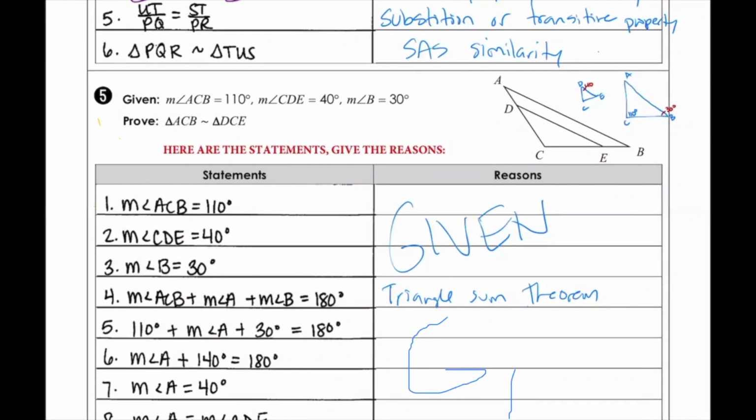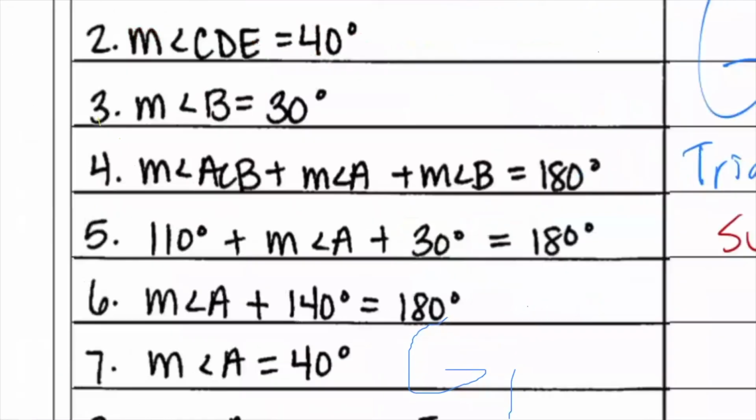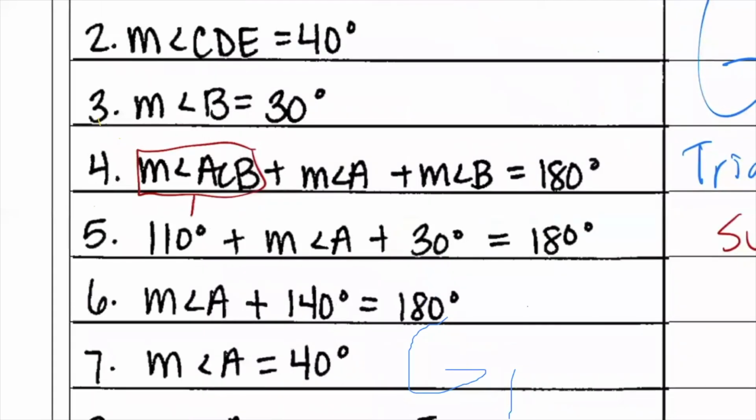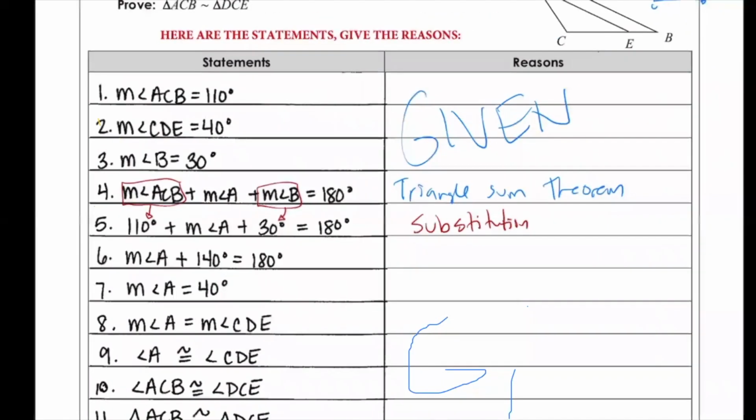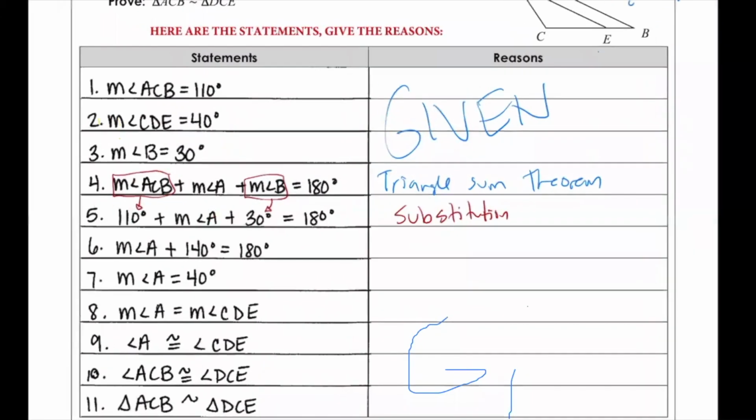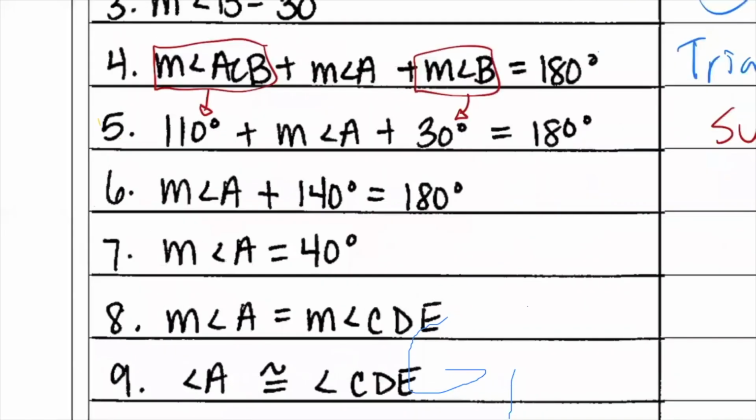It's 110, isn't it? And we know angle B is 30, so we substitute it in there. So this is substitution. All we're doing is getting this and substituting. And then we add 110 and 30, we get 140. So we're basically just solving this equation now.